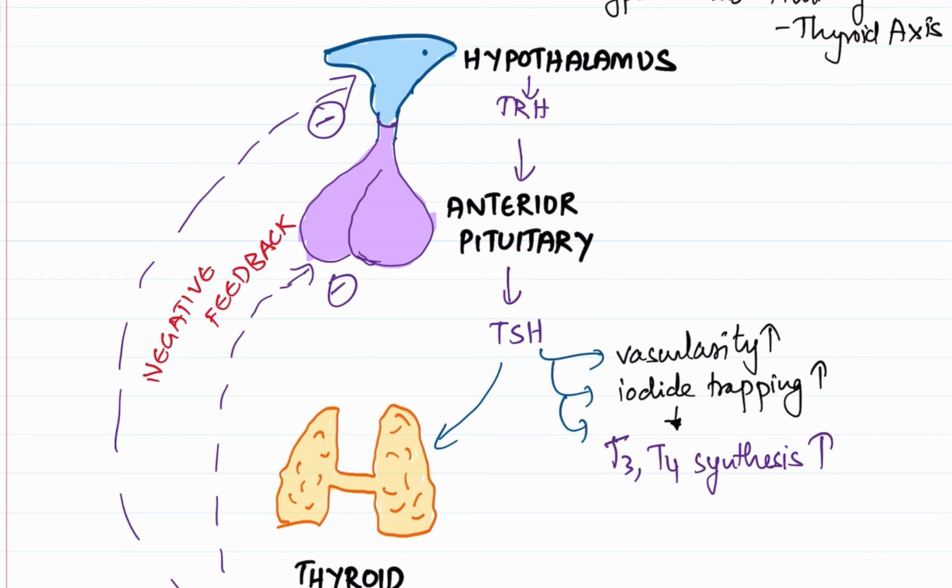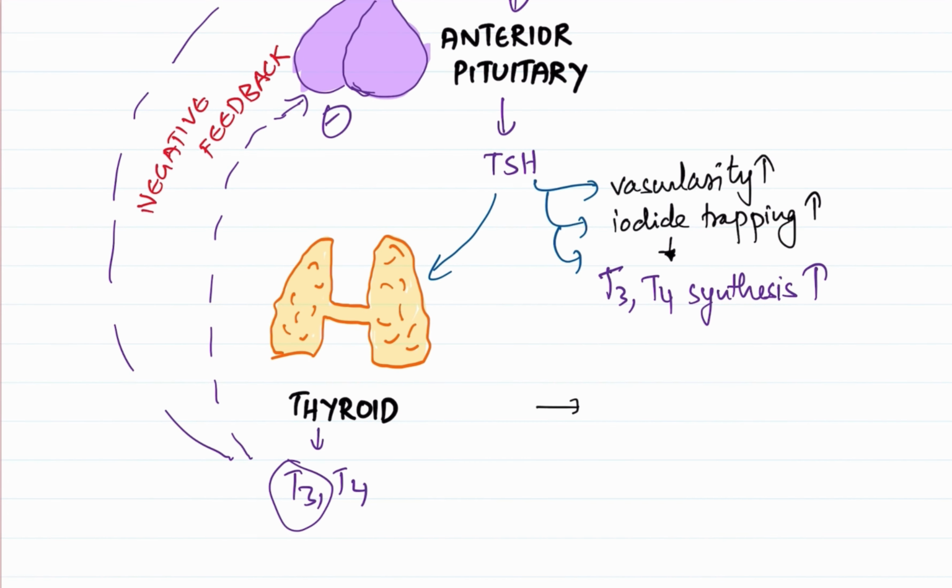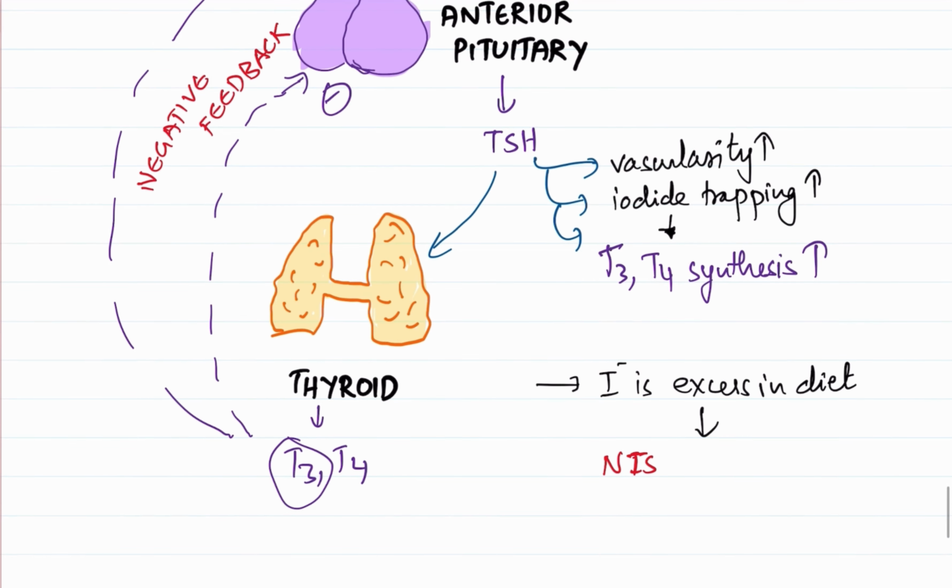In addition to that, there is an auto-regulatory mechanism that is dependent on iodine. When the iodine is excess in diet, the sodium iodine symport, which causes iodine trapping, will be inhibited. As a result, the iodide trapping is decreased and thyroid hormone synthesis is inhibited, right?